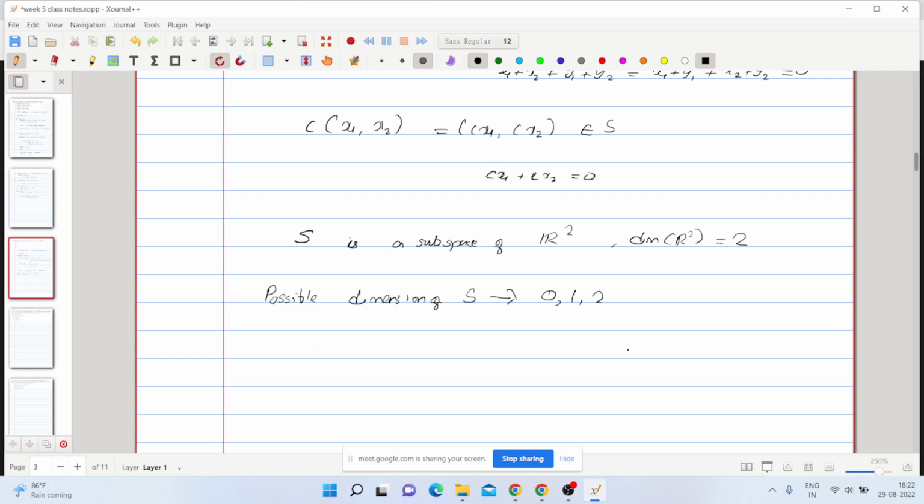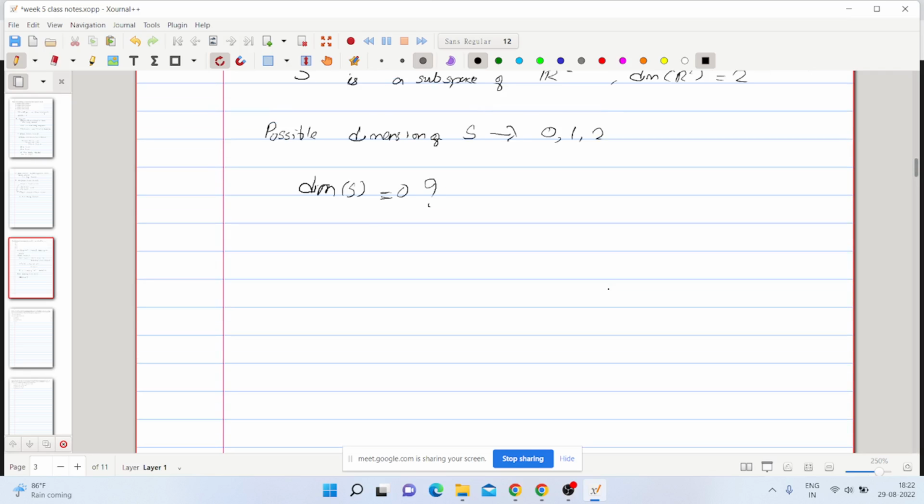So, is the dimension of S 0? When will the dimension of a subspace be 0? Only for the trivial subspace, the set containing just 0.